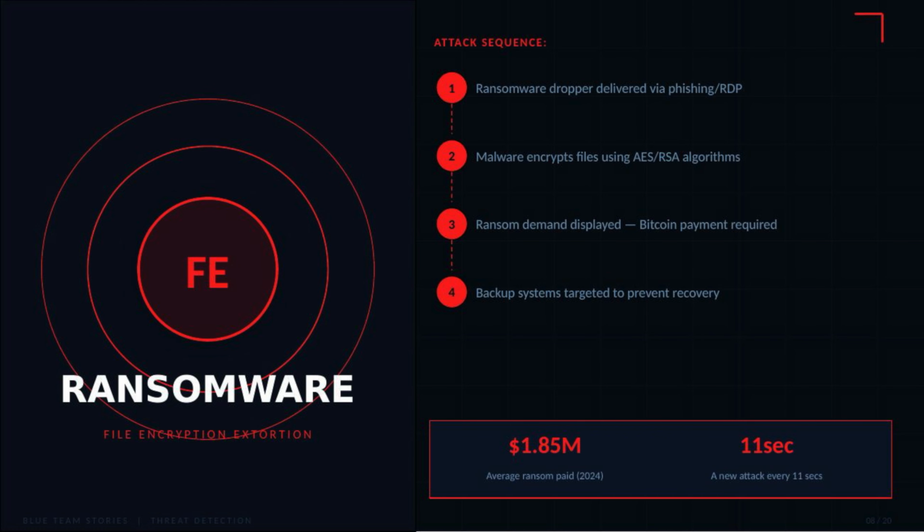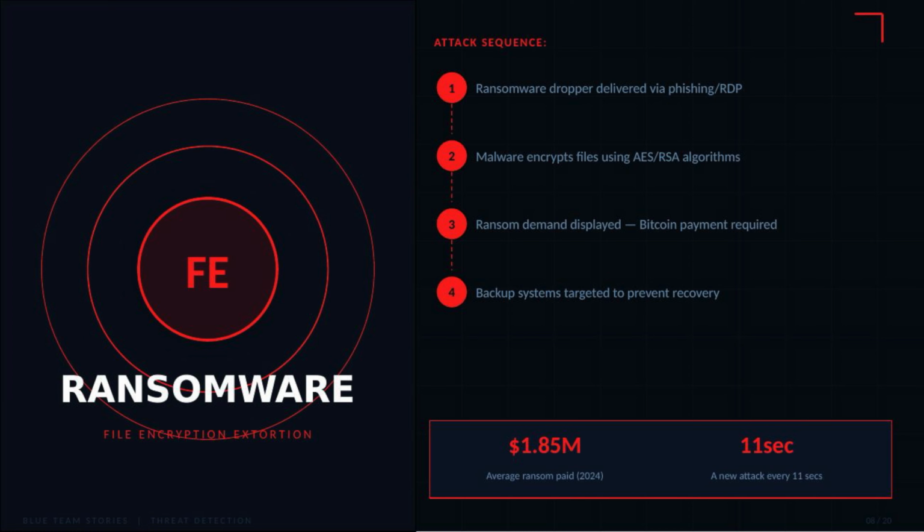In a ransomware attack, malicious software encrypts files and locks critical systems, making them inaccessible to users. Attackers then demand payment, usually in cryptocurrency, in exchange for restoring access. These attacks can completely shut down businesses, hospitals, transportation systems, and government operations.